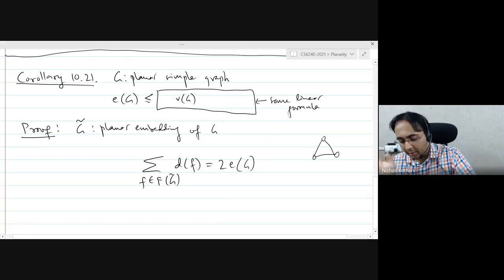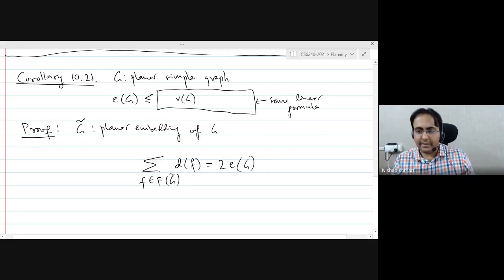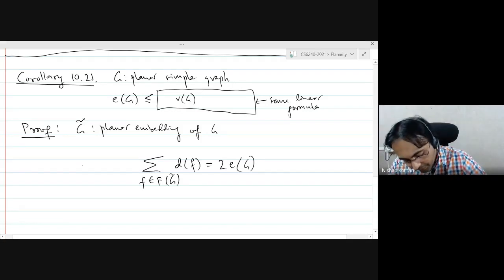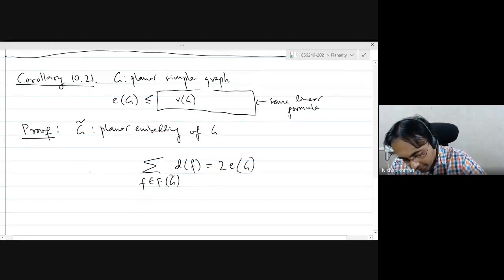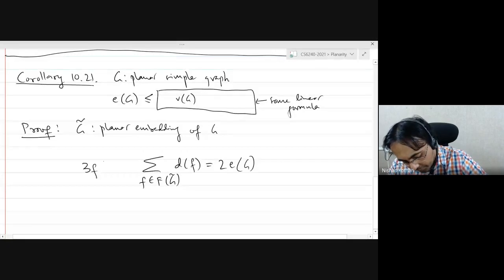They may not be bounded by cycles, but you can still prove that the boundary of any face will have length at least 3, so long as your graph has at least 3 vertices, right? So on this side I can write 3 times the number of faces of the graph.